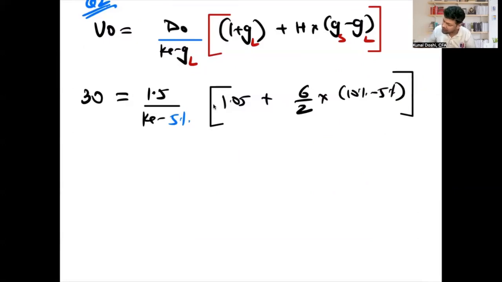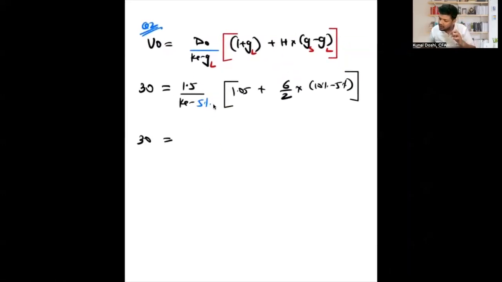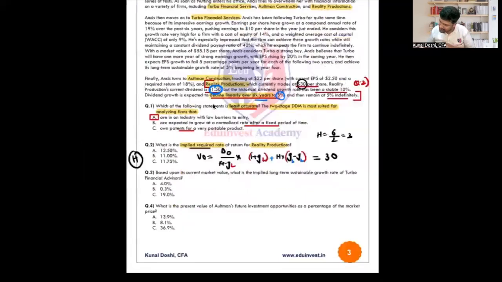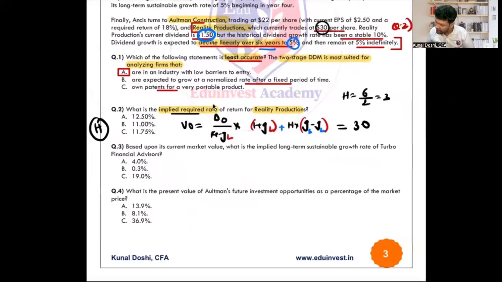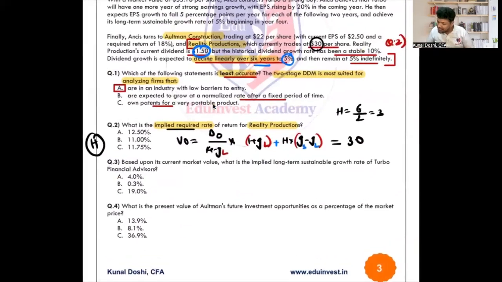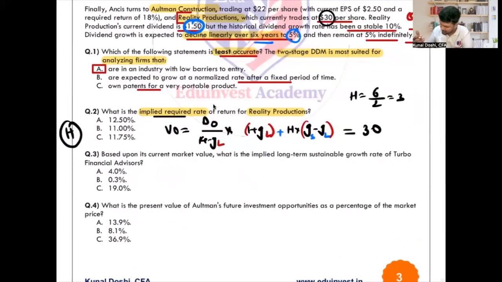Now, we will use their inputs, but there is some common sense here. Let me first solve this, or you can actually use some common sense. We know that the cost of equity can never be lower than the growth rate. It has to be higher. The short-term growth rate has been 10%, so it is definitely higher, say 12.5, 11 or 11.75.